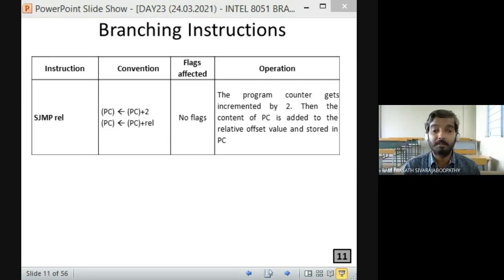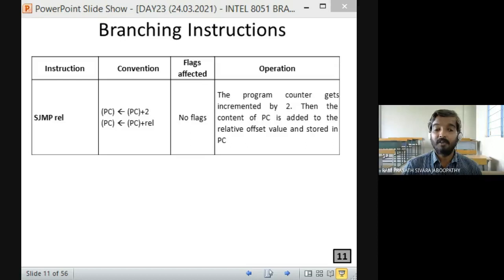We used a label, correct? When you are using software, you will have an assembler, and it will do this part. After assembling, if you check the opcode, the SJMP opcode will come, followed by an 8-bit value based upon the label you have given in the program. It will vary depending on how many bytes it goes forward or in reverse.